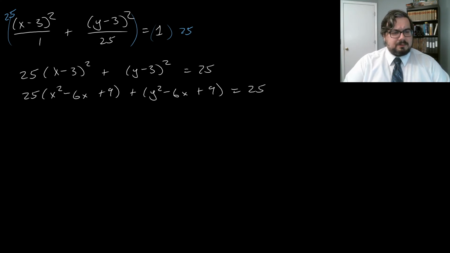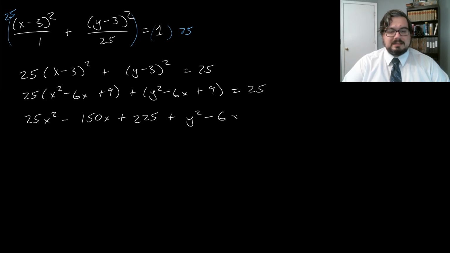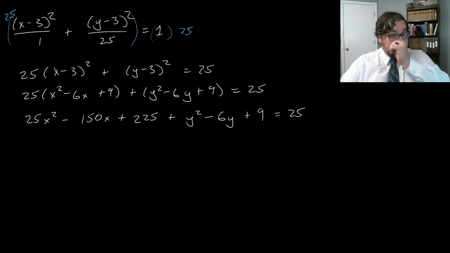If we expand further, we get 25x squared minus 150x plus 225 plus y squared minus 6y, that should be, minus 6y plus 9 equals 25.